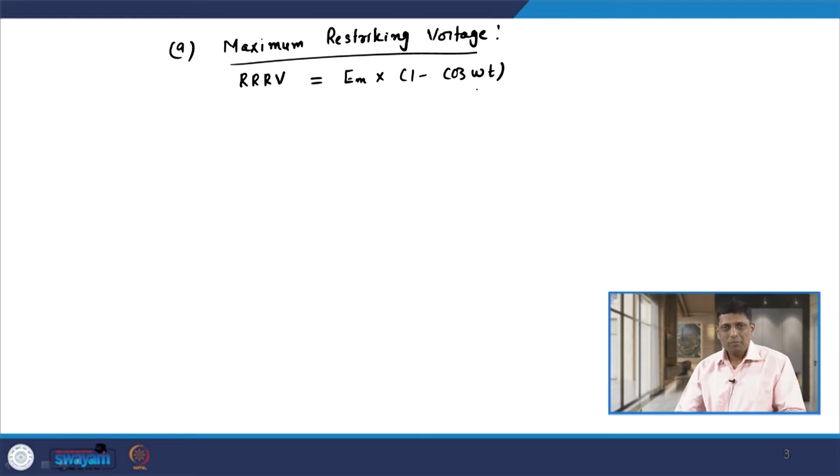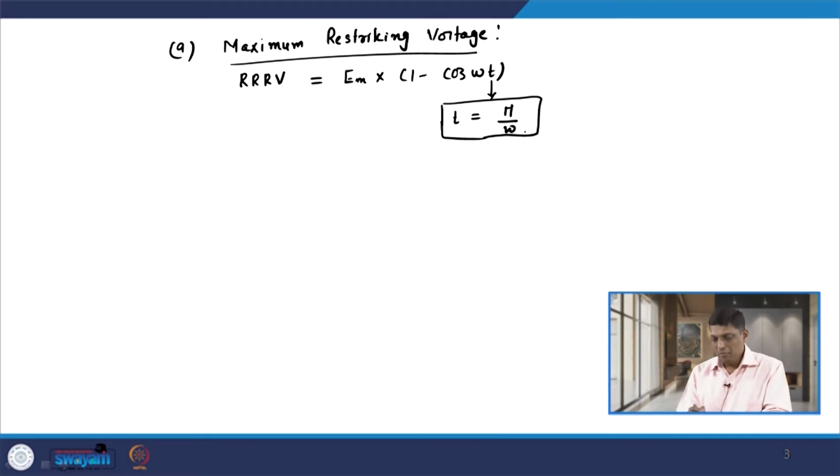The value of RRRV becomes maximum when t is equal to pi by omega. Then RRRV is equal to EM into 1 minus cos omega into pi by omega.